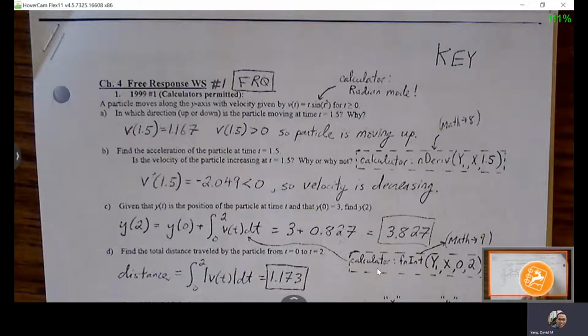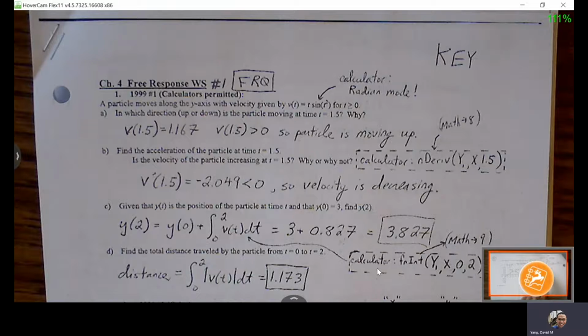Yeah, okay. These two, we're just using approximation, so we don't use any calculus features there. But which one do you want me to do? Show me how. Okay, so this is my velocity function, t sine t squared. Let's go to y1, and I just enter that in as x sine x squared.